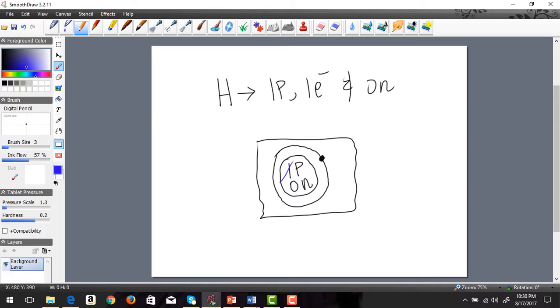Now I'm going to slightly shade it so you can see it. So this right here is the nucleus, and this right here is my orbital, because there's only 1. I guess you can call it orbitals if you wish. And then this is the electron.